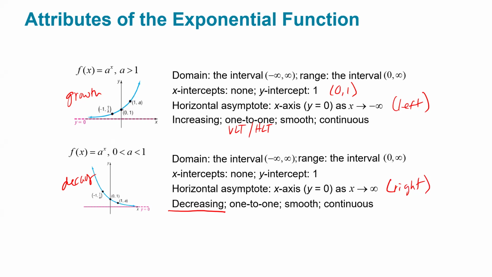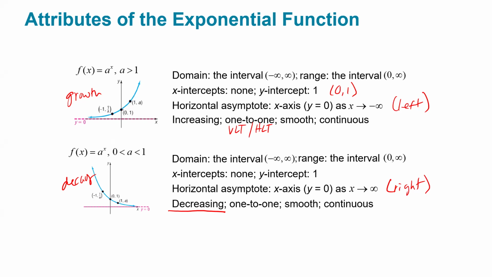It is still a one-to-one function because it passes the vertical line test and horizontal line test, meaning no repeating x values and no repeating y values. And it is smooth and continuous. Yep. As it's approaching the asymptote, it's getting to zero. Yep. All right, questions about our basic attributes of the parent function?